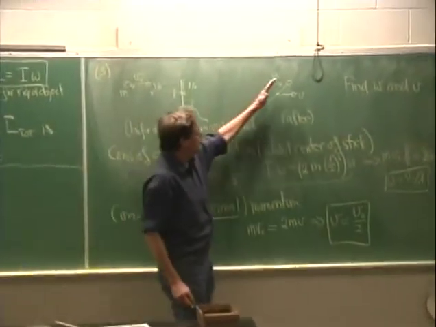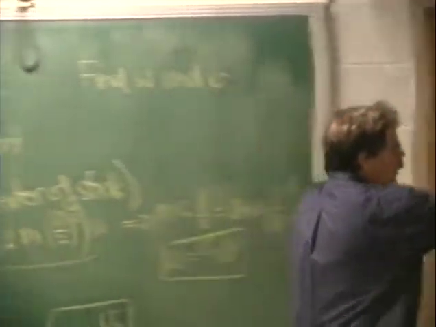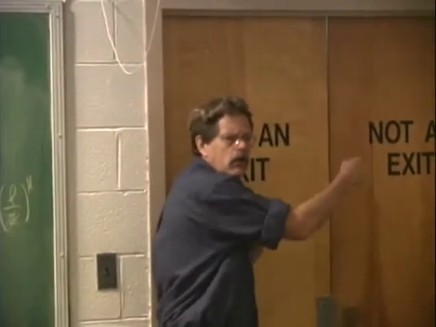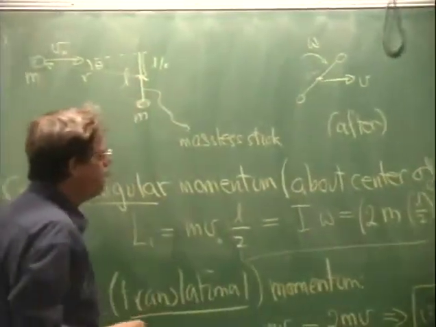Of course, long after the collision, it's complicated. That thing is moving in some kind of weird cycloidal motion. But immediately after the collision, how fast is it going?